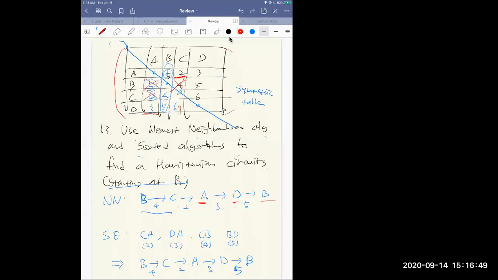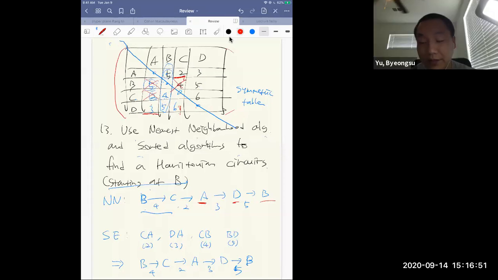Okay, hi, Abud. We are just talking about number 13. So in this case, what I talked about last is that this table is symmetric. The distance from A to B is the same as the distance from B to A, right?